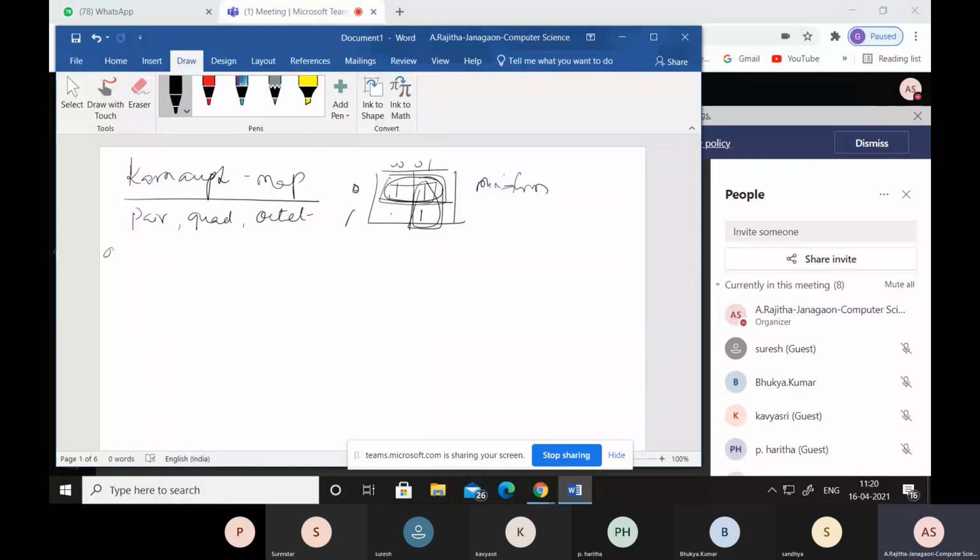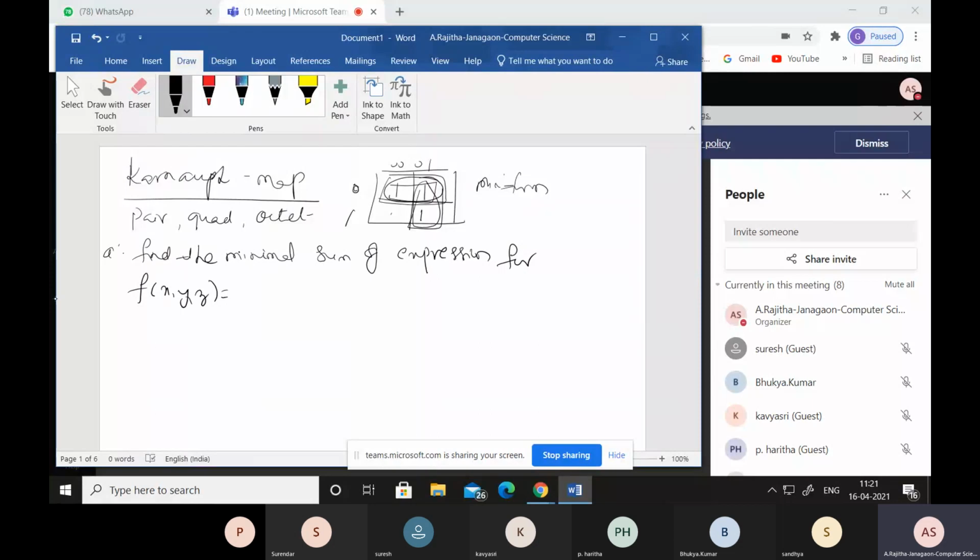Based on this, see one question here: find the minimal sum of expression for a three variable Boolean function F of x, y, z.